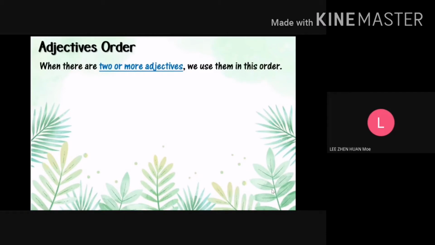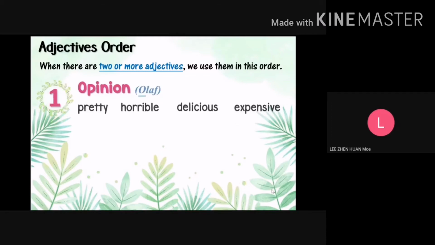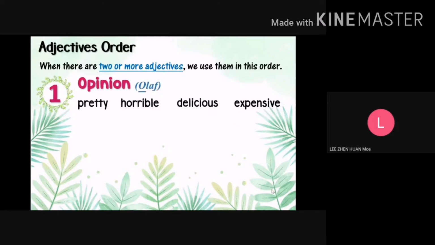Okay, when there are 2 or more adjectives, we use them in this order. So now we are going to look at what is the order that we have to follow in arranging the adjectives. The first one is opinion. Opinion means the adjective describes a thing's opinion, such as pretty, like the example just now, a pretty girl, horrible, delicious, a delicious food, and an expensive watch.